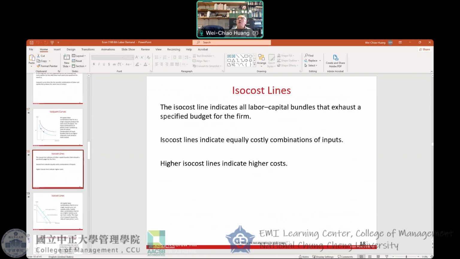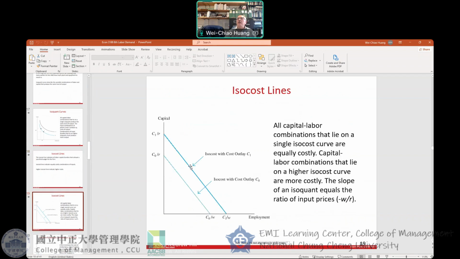And we talked about iso-cost lines, which are like the budget line in the previous chapter 2. So you got the iso-cost line, meaning the combinations of capital and labor that will cost the firm the same amount of outlay. C1 versus C0, they are parallel because the slope of the iso-cost line is the input price ratio.